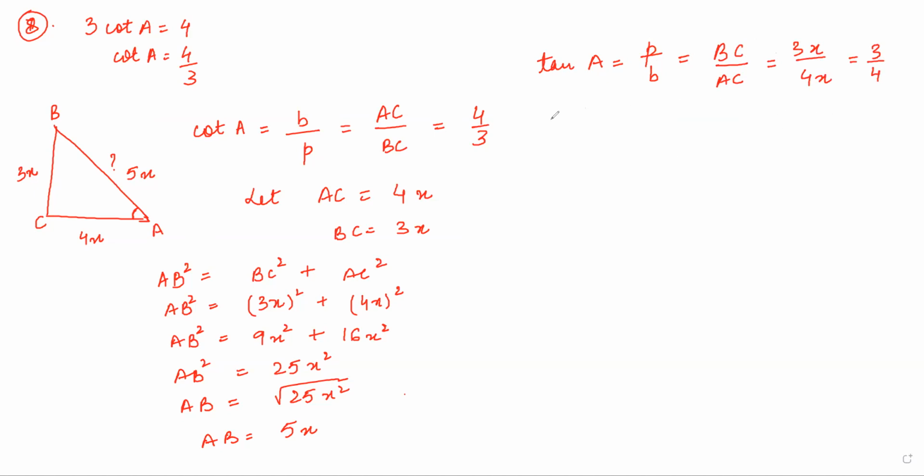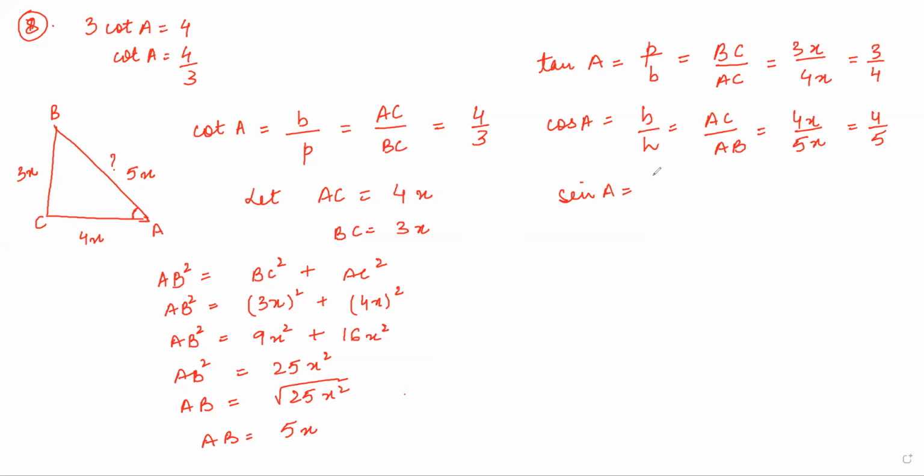So we have got the value for tan A. Now I need the value of cos A. Tell me, what is the trigonometric ratio? B by H. Good. Now base is again AC and hypotenuse is AB. AC is 4x, hypotenuse is 5x. So this is 4 by 5. Now also find sine of A, because you can see there's a sine A also. What is the trigonometry ratio?